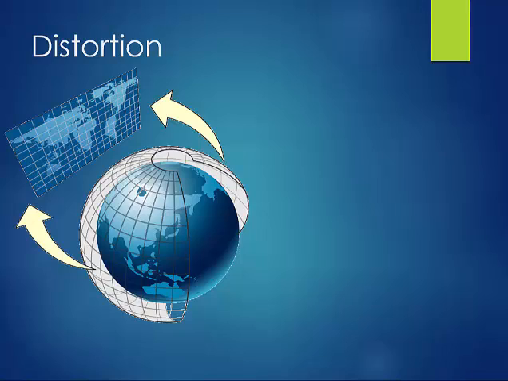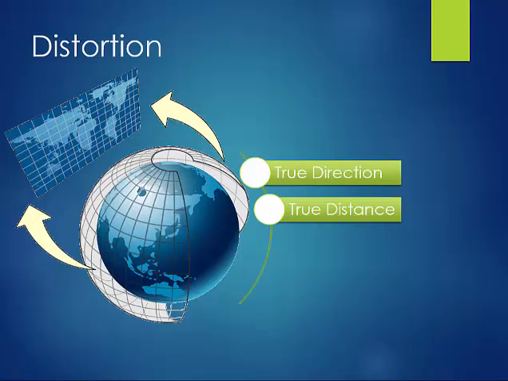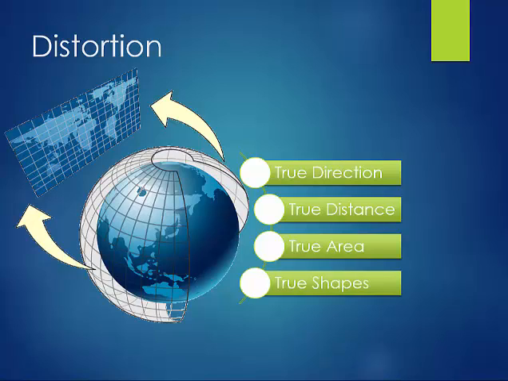Any projected flat map or parts of a map can have the following characteristics: true direction, true distance, true area, and true shapes, or DADS. Maps typically can't have all of these characteristics at one time.